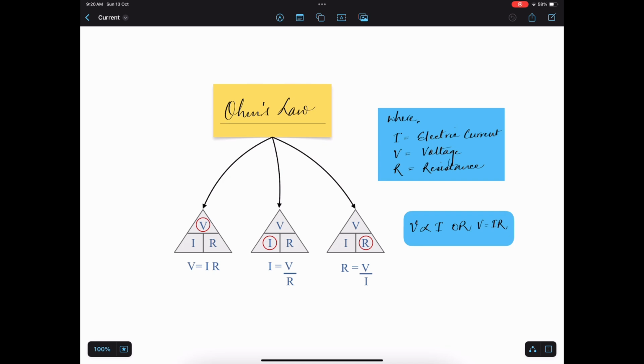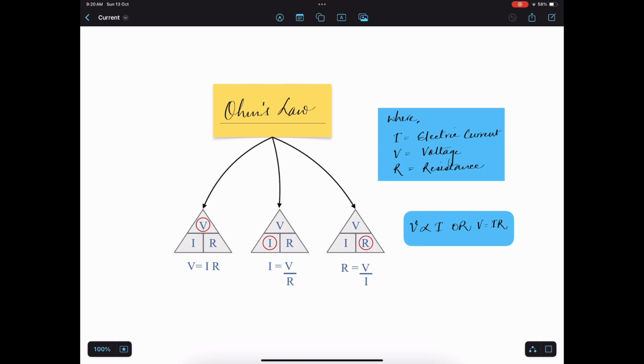So at the bottom right, I've kept a note in blue where V is directly proportional to I, or V equals IR, where R is resistance and it is a proportionality constant. I here is electric current, V is voltage and R is resistance.